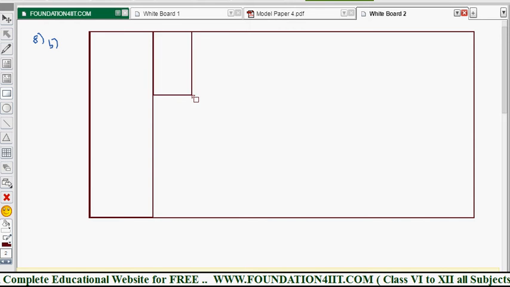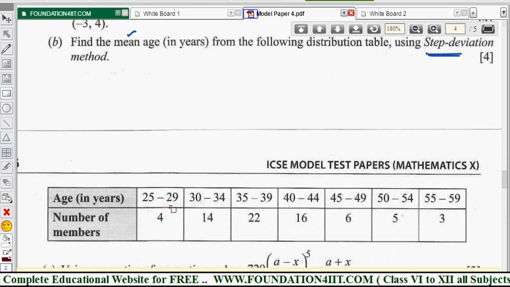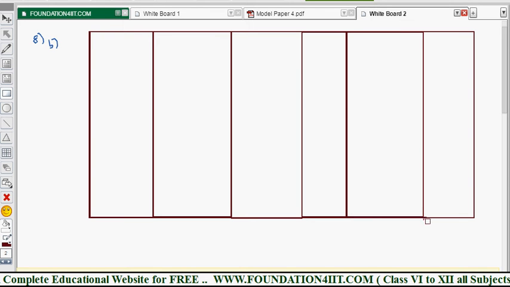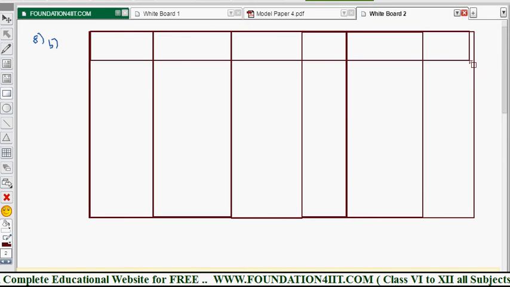Here it is 25 to 29, 30 to 34, but you have to convert into exclusive class intervals, and the number of members. So we need xi, ui, fi and fi ui.